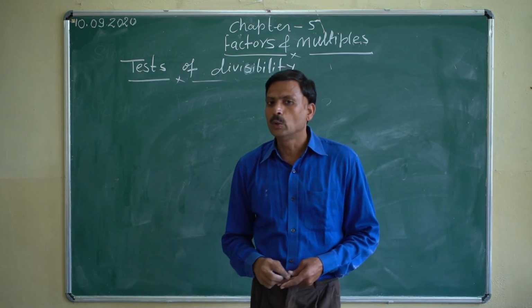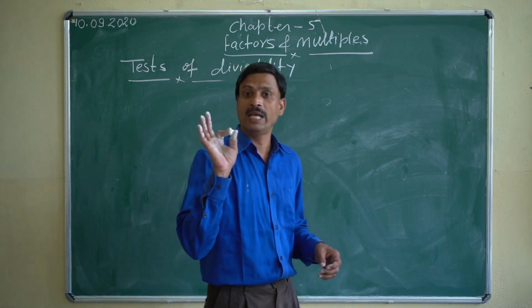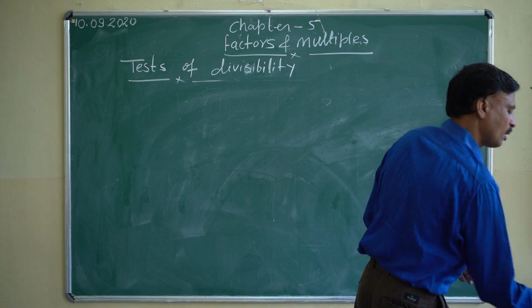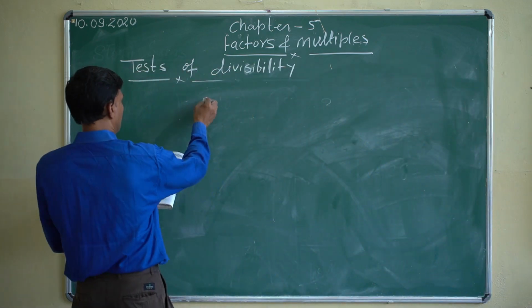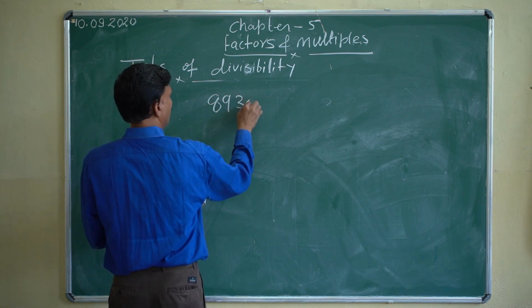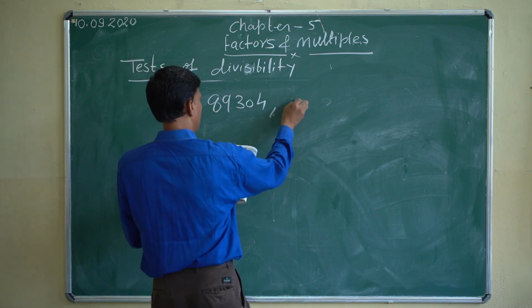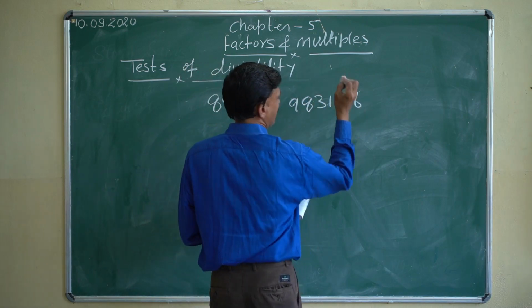Now I am telling you about the divisibility rule of 8. I am taking the question from your book. The numbers are 89,304 and 9831016.